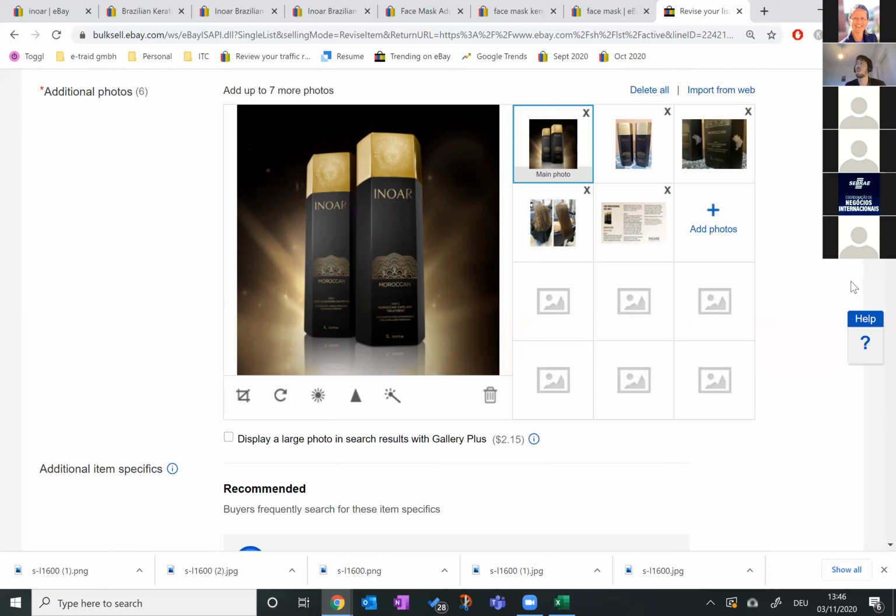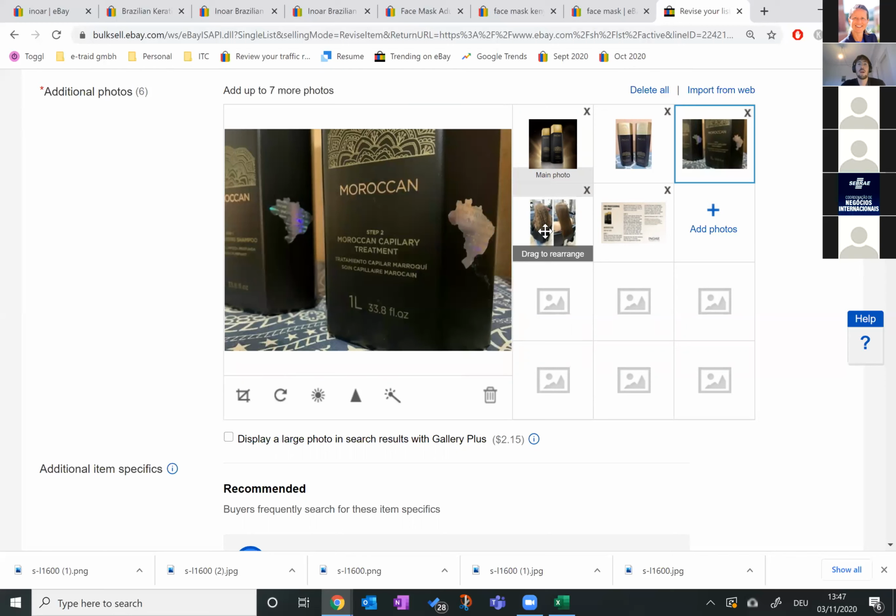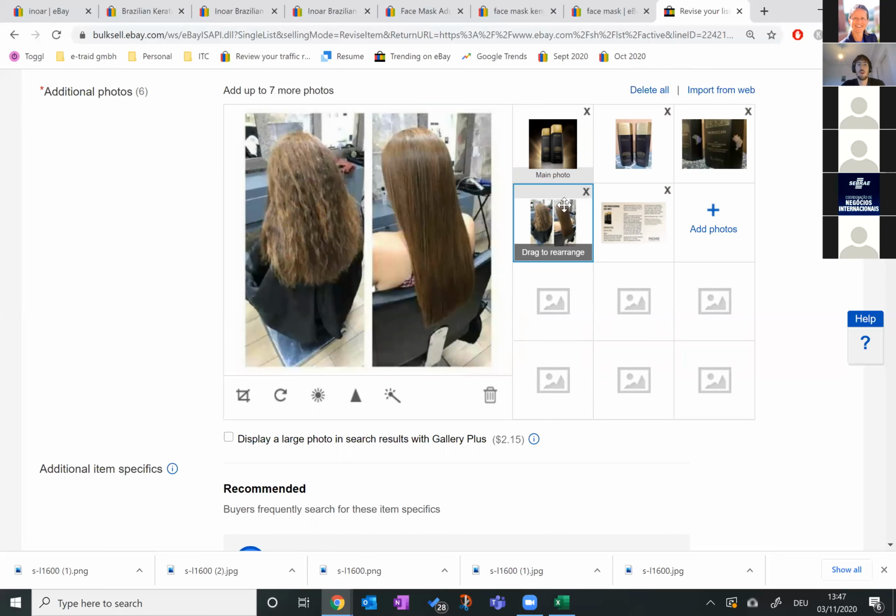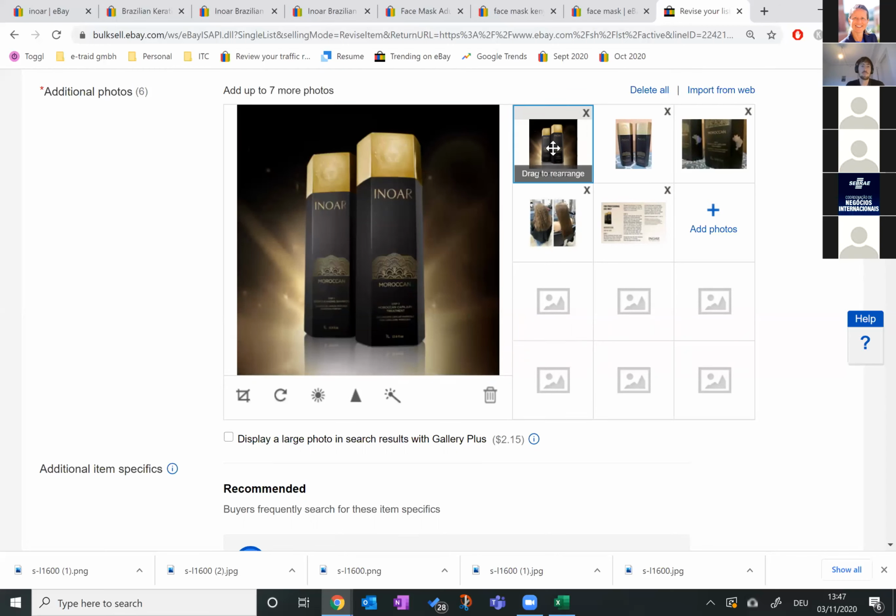That's what's recommended. You can have higher resolution pictures as well, but the lowest you should go with is 1600 by 1600, and you should always have detailed shots of your product to give your customer a more detailed understanding and to show any relevant detail.